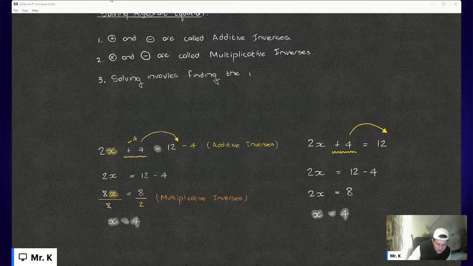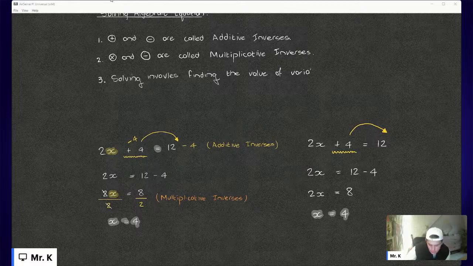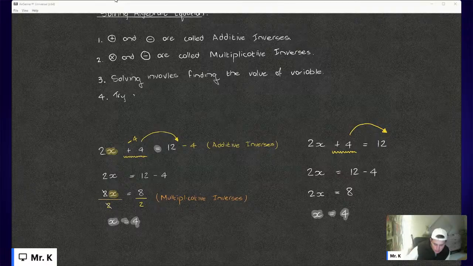And on top of that, when we have these complex equations that we need to work through, when we do simple equations or complicated equations, we always want to start by dealing with our additive inverses first. In other words, try and deal with adding and subtracting first.